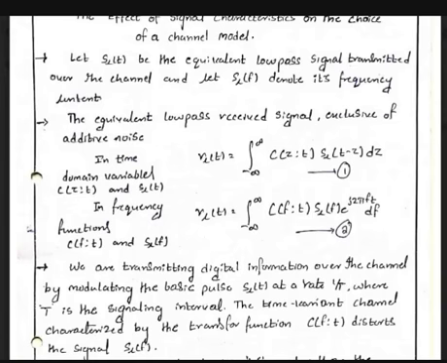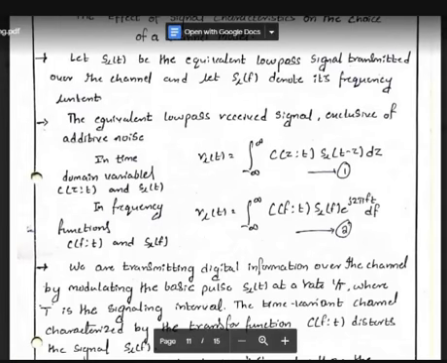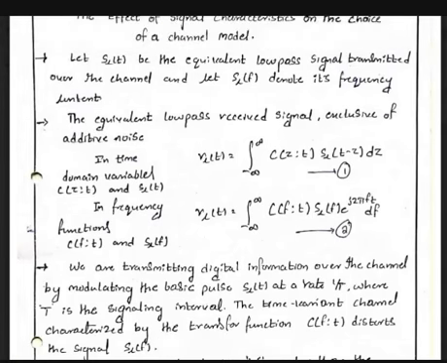So those are nothing but received signals. RL of t is equal to the integral from minus infinity to plus infinity of C of tau colon t, whatever the channel response is, times SL of t minus tau, d tau.